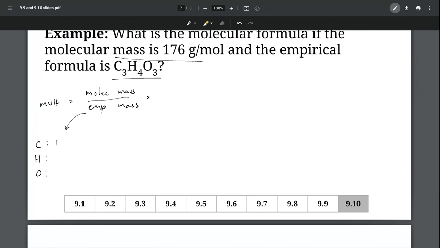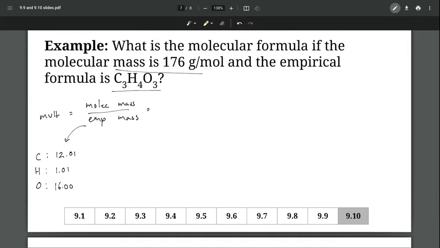So carbon has a mass of 12.01 according to the periodic table. Hydrogen has 1.01. Oxygen has 16.00. In our empirical formula here, we have 3 carbons, 4 hydrogens, 3 oxygens, and all of that multiplied out and added up is going to be 88.07 grams. And so now we have our empirical mass.